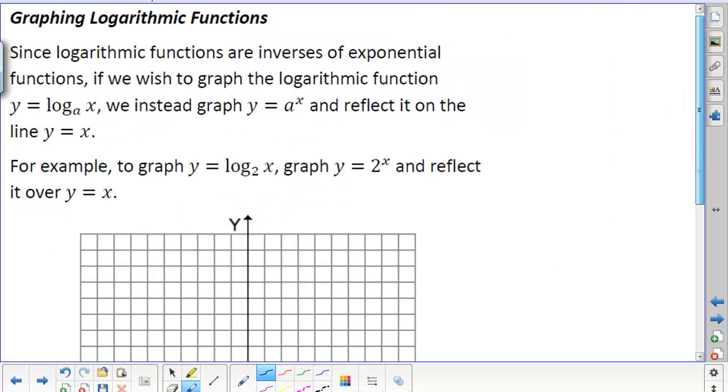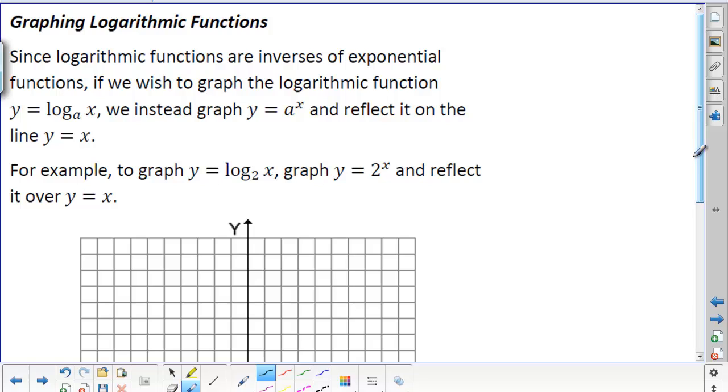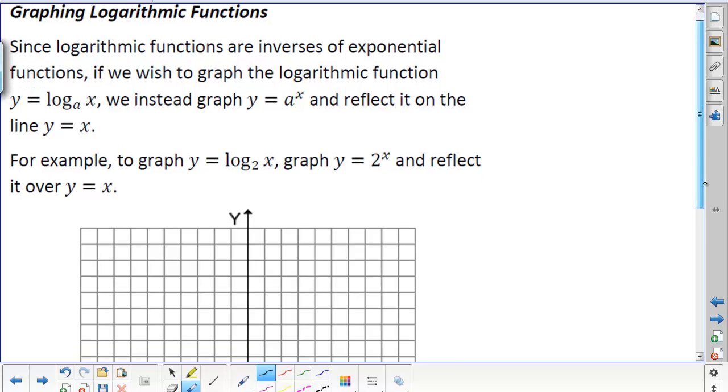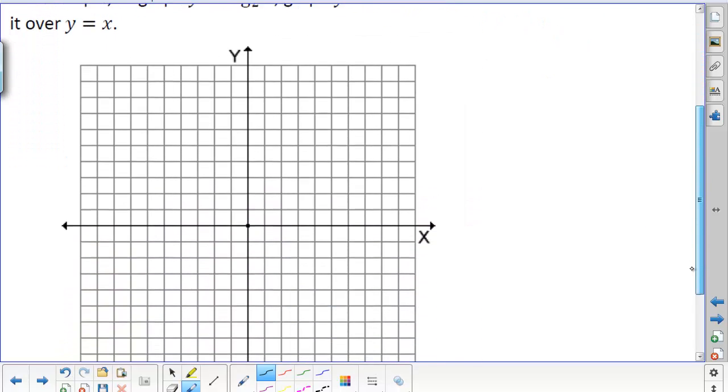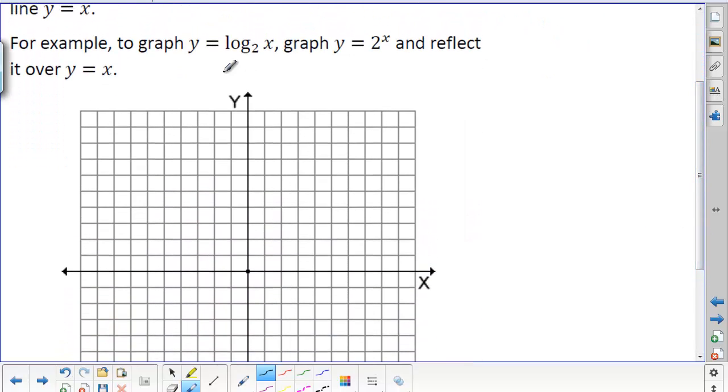Alright, so let's take a look at the graphs of these logarithmic functions. If we want to get the graph of a logarithmic function, again, we can use the idea of inverses. For example, to graph log base 2 of x, we could graph 2 to the x and do a reflection. Similar to what we did when we talked about inverse functions, we can reflect y equals 2 to the x over the line y equals x.